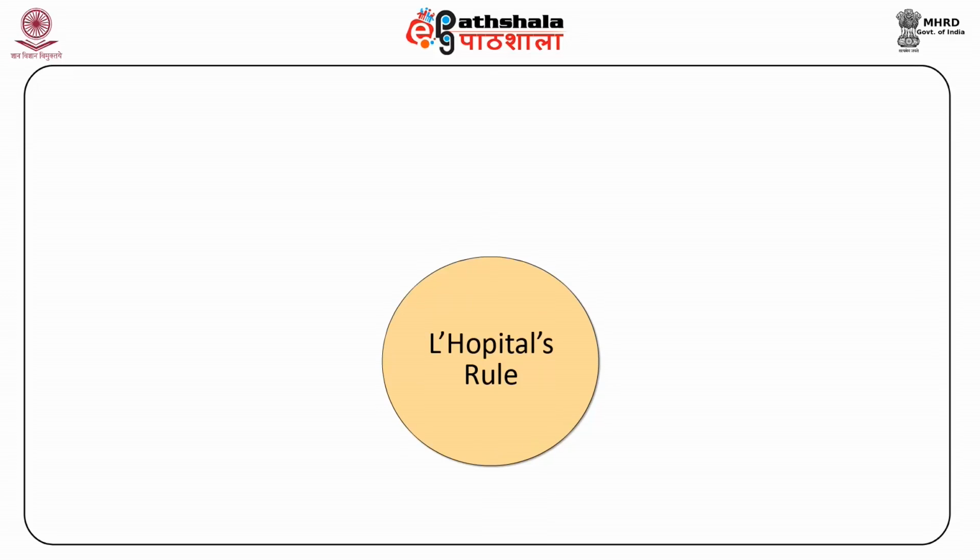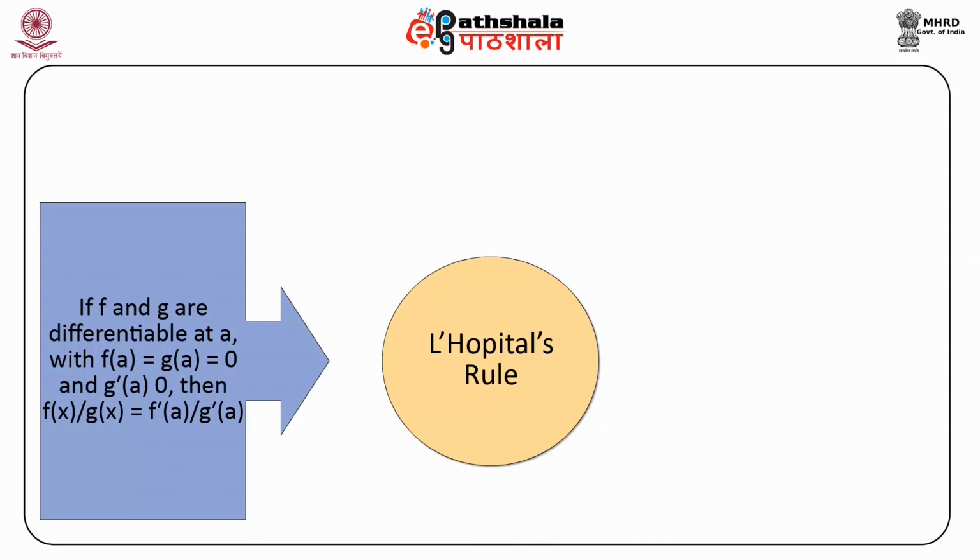L'Hopital's rule. If f and g are differentiable at a, with f(a) equal to g(a) equal to 0 and g dash of a is not 0, then the limit of f(x) upon g(x) is equal to f dash a upon g dash a.